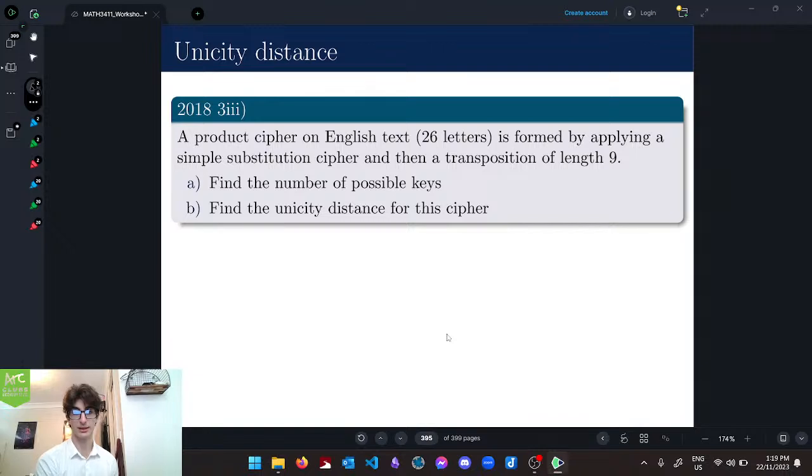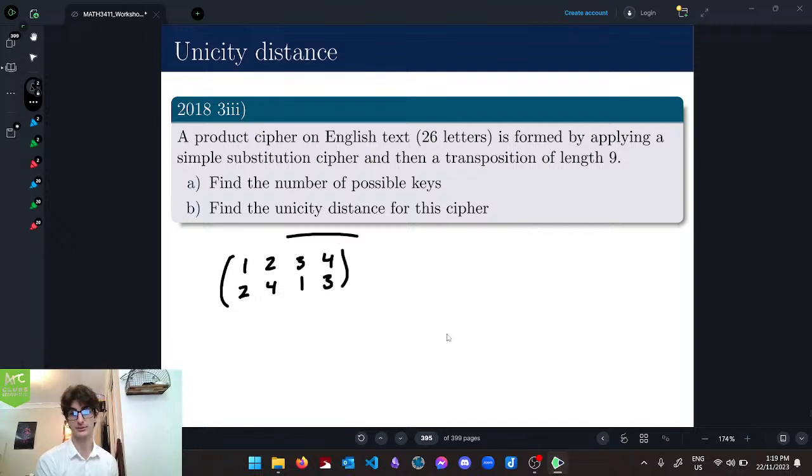So an example, 2018, question 3, part 3. A product cipher on English text, 26 letters, is formed by applying a simple substitution cipher and then a transposition of length 9. We'll remind ourselves of transposition a little bit ago. That was just one of these matrices that sent 1 to 2, 2 to 4, I believe 3 to 1 and 4 to 3.